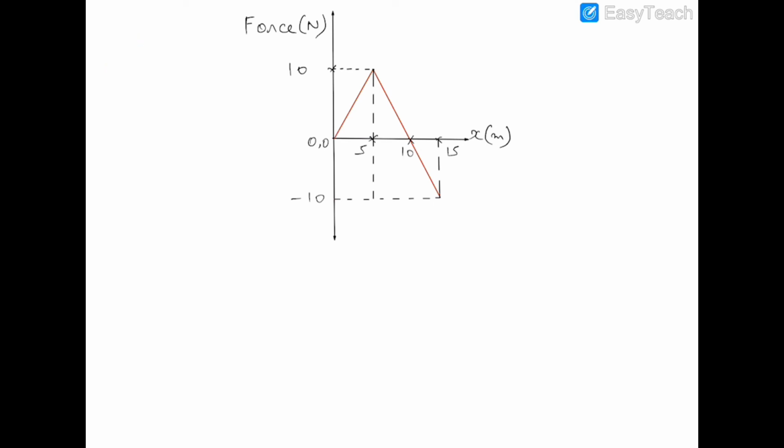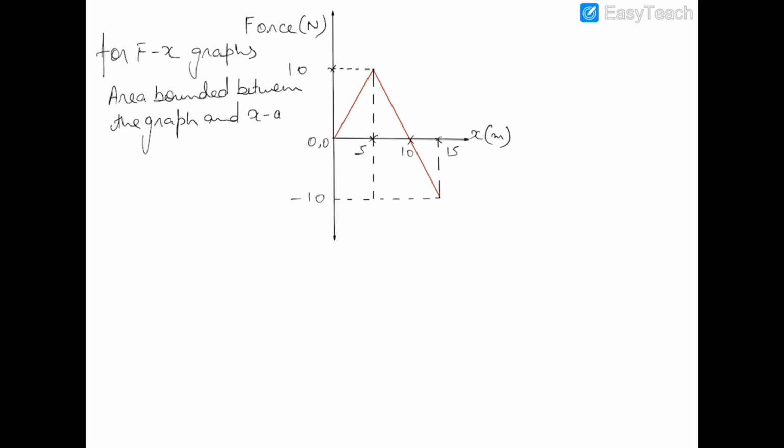for F-x graphs, the area bounded between the graph and x-axis gives the work done.